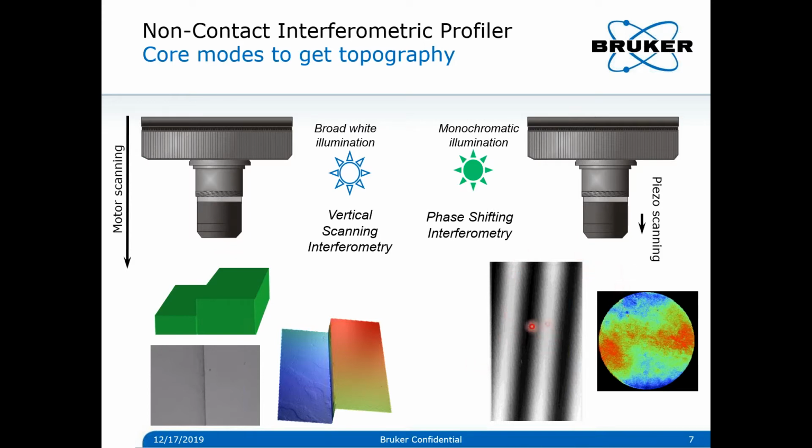From the intensity change with respect to the piezo motion, we back-calculate what we call the phase image, and the phase image is proportional to the height difference, multiplied by the average wavelength of the green light. These two modes help us describe anything from rough, sudden steps all the way to very smooth surfaces.